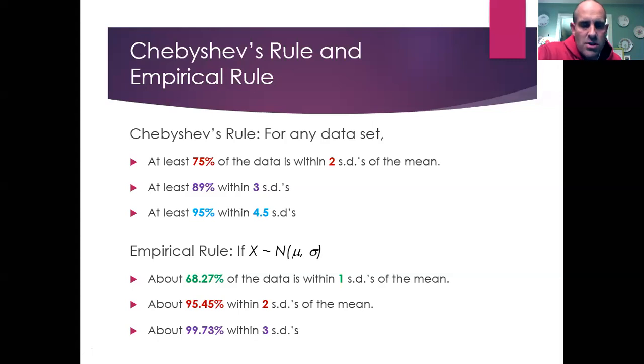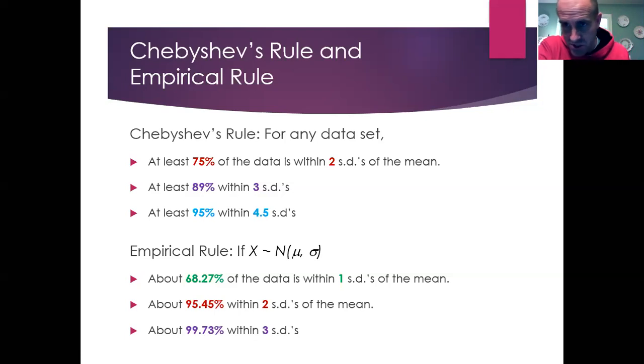What is universally true no matter what distribution you're in is that if you go out 2 standard deviations to the left or the right of the mean, you're always going to have at least 75% of the data there. And 3 standard deviations out to the left or right of the mean is always going to subsume 89%. And if you go out 4.5 standard deviations, you're going to be at 95%. No matter what crazy distribution you're dealing with, that's always true.